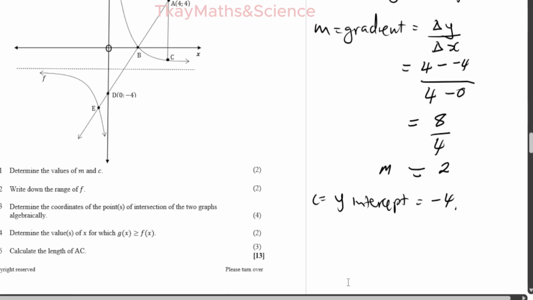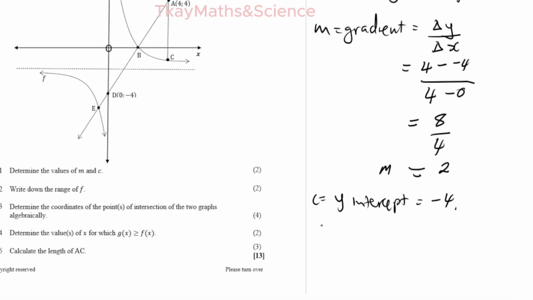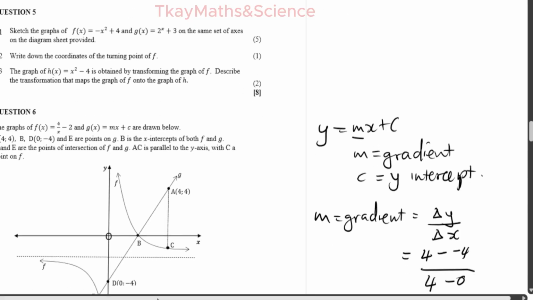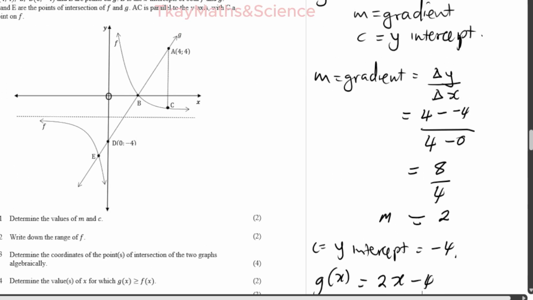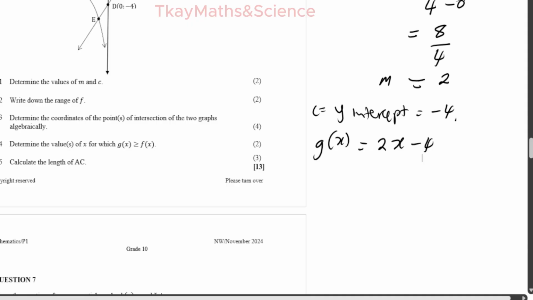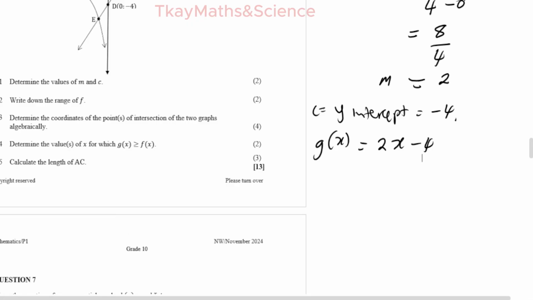That g of x, the function g, is equal to 2x minus 4. All right. Now let's go on to the next question. They say write down the range of f.